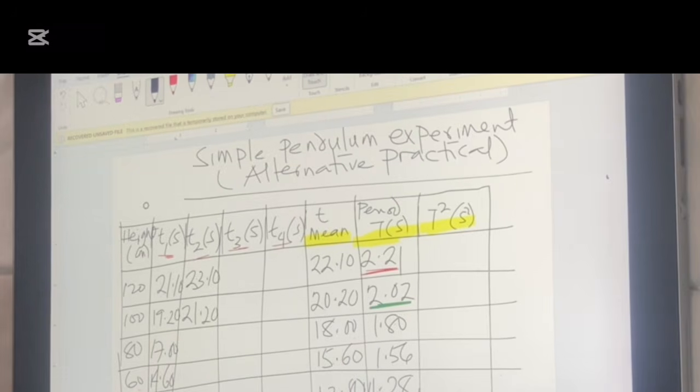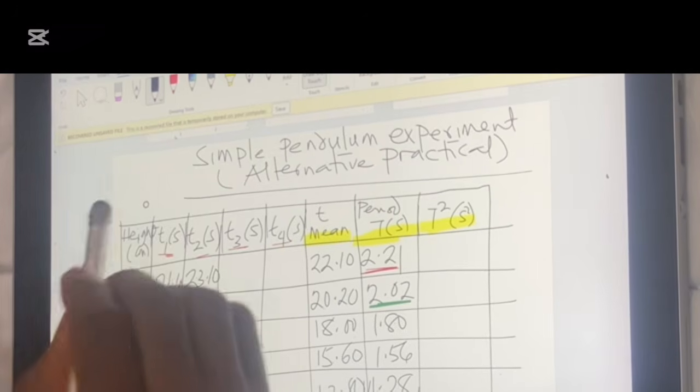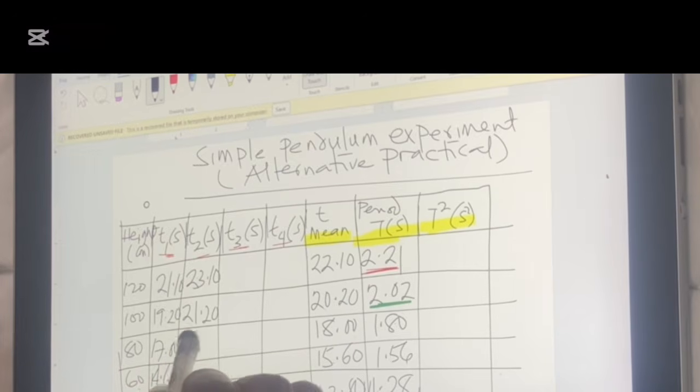Now the next one, times this one by 2. So 2 times 18 gives us 36. 36 minus 17 is 19. We have this as 19.00.